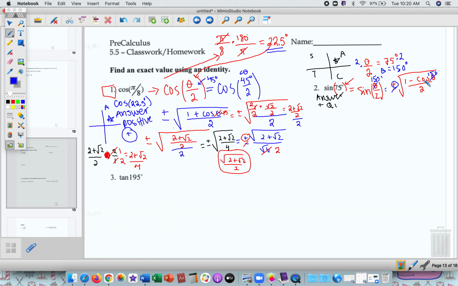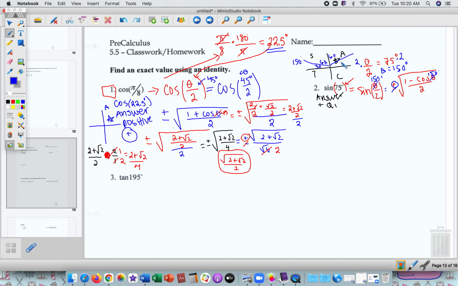Now let's simplify. The cosine of 150 degrees, let's take a look where that is. So over here, we have 150 degrees. So this is 30, this is 60, right? 150 is 30 degrees away from 180. So let's see what we reflected.